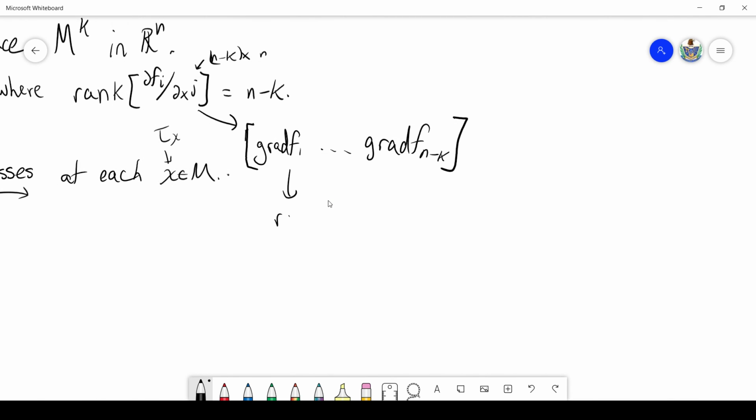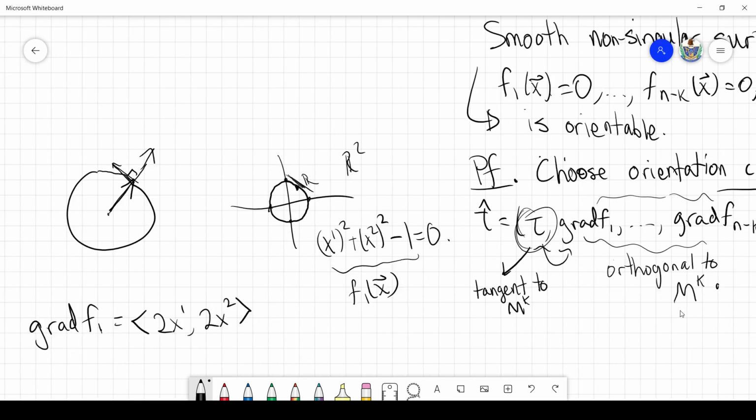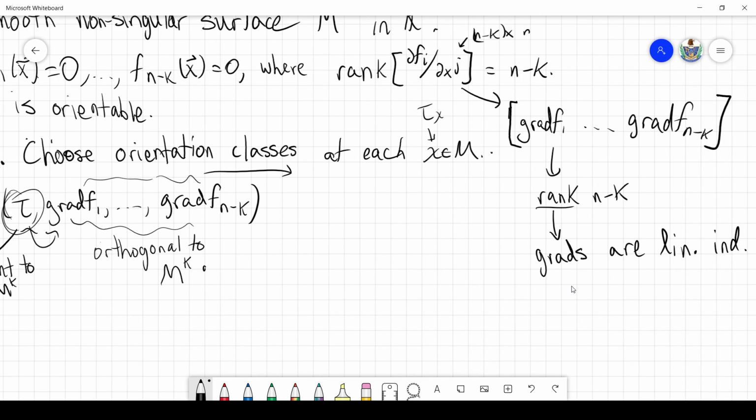If this has rank n minus k, then that implies that the gradients are linearly independent. Because the rank essentially is the dimensionality of these vectors, and since it's full rank, that means they're linearly independent. And that's just a standard fact from linear algebra.